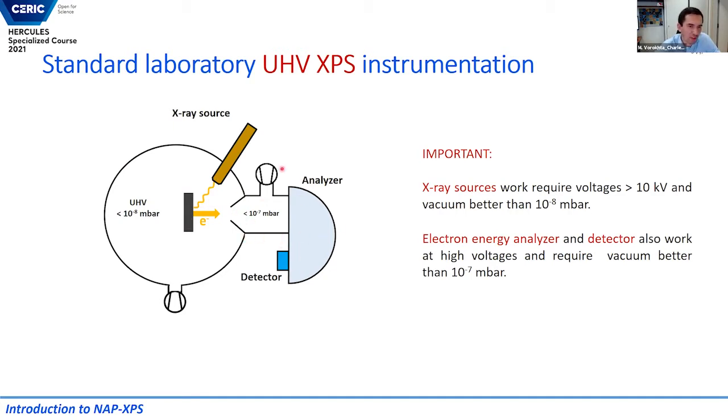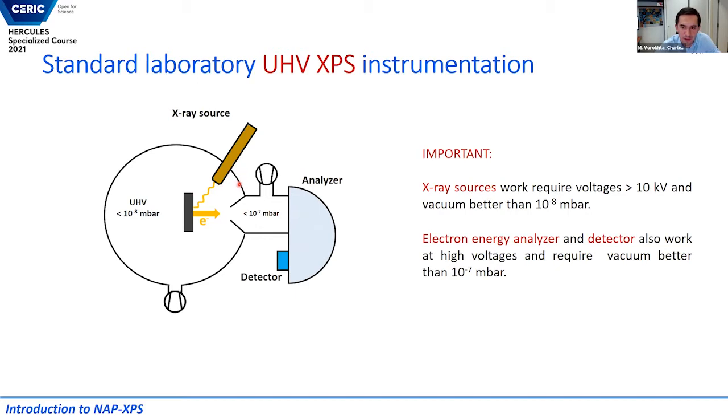All these parts should be in high vacuum, because the detector usually requires a voltage which is higher than, I think, 12 kilovolts, because this is a kind of multi-channel plate, and the X-ray source too. So if you have some gas inside here or here, it would not work, because you would simply have shorting.